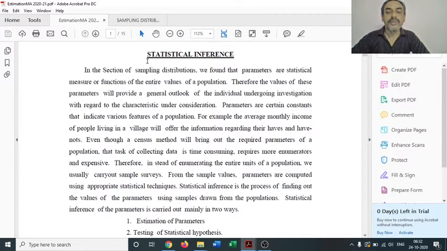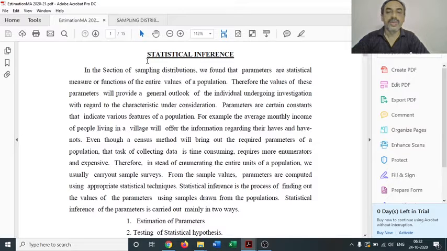To determine the population parameters, essentially we have to conduct a complete enumeration. But it is a very time consuming task. It requires a lot of energy, money, and effort, everything. Therefore, we have to draw certain samples from the population, and based upon the samples only, we are making inferences.